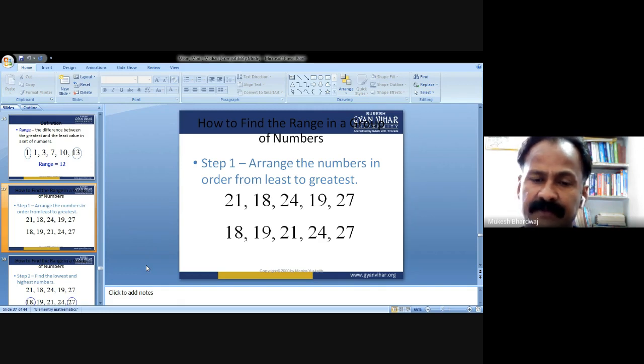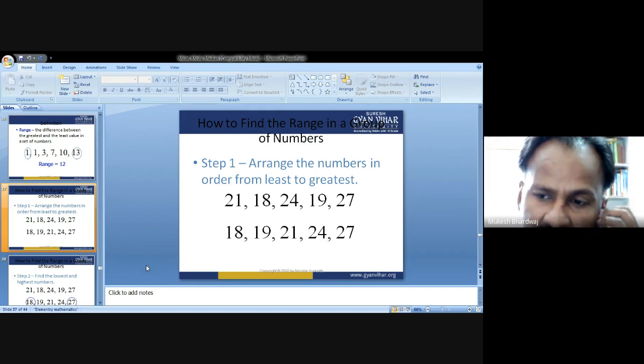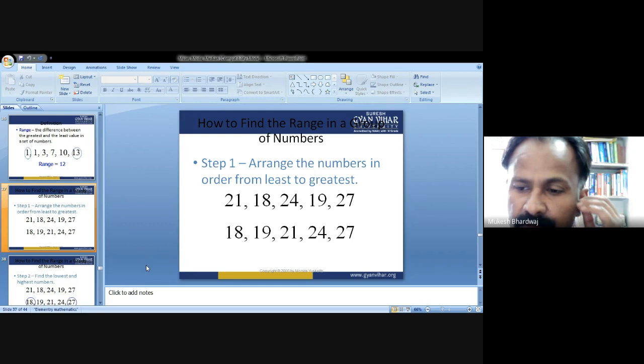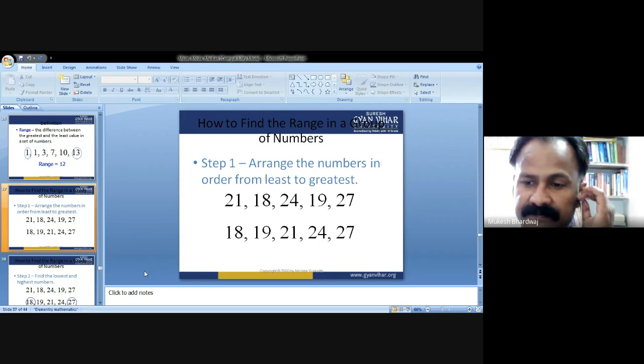Calculate and tell me quickly. 9. Pardon? 9. How many of you got the answer 9? Aranjita, what is your answer?